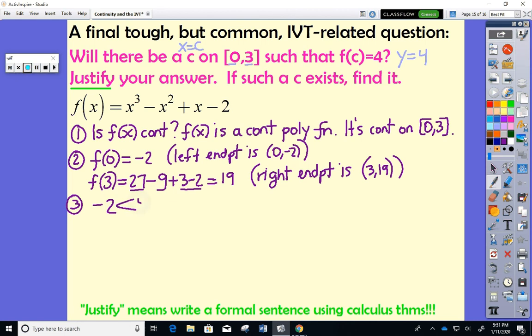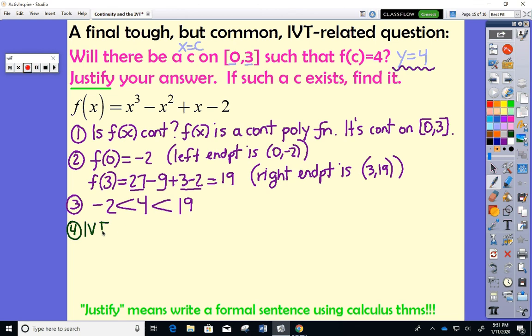That's less than the y value 4, which you're questioning, and your higher y value of an endpoint is 19. So since the y value in question is between the left y value and the right y value, we're good to go.